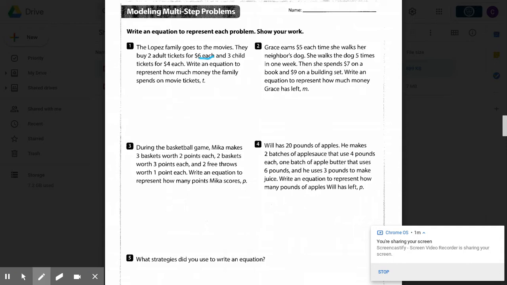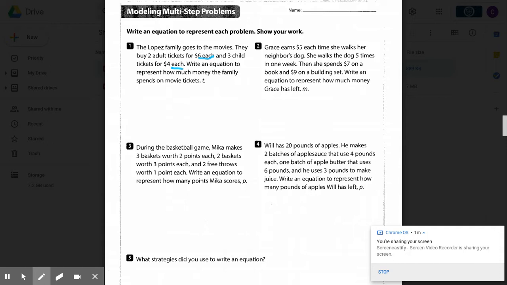And 3 child tickets for $4 each, I'm also going to underline that each, because they're not telling me that they buy 2 adult tickets for $6 total. It's $6 for each ticket, and for the child's ticket, it's $4 for each ticket.